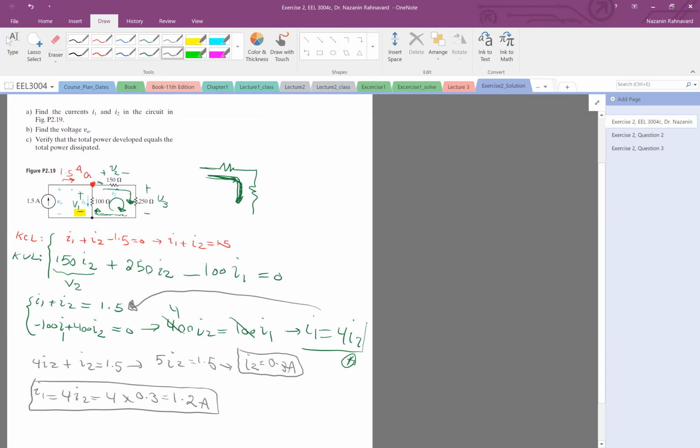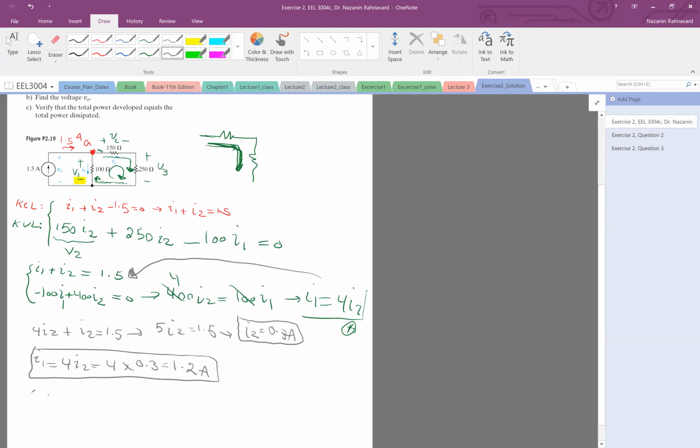VO is exactly equal to V1, right? So VO is 100 times I1, across this 100 ohm resistor. 100 times 1.2 amp, which is 120 volts.